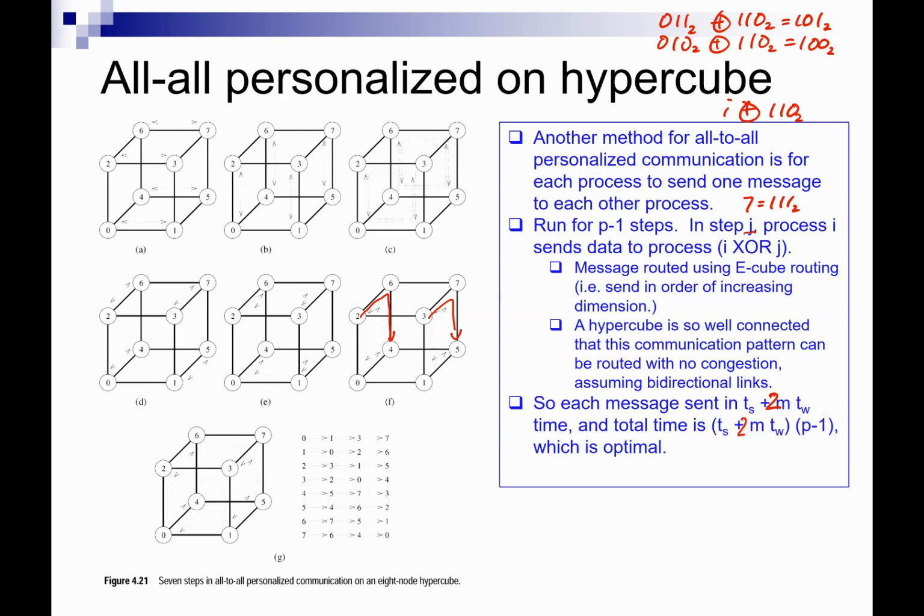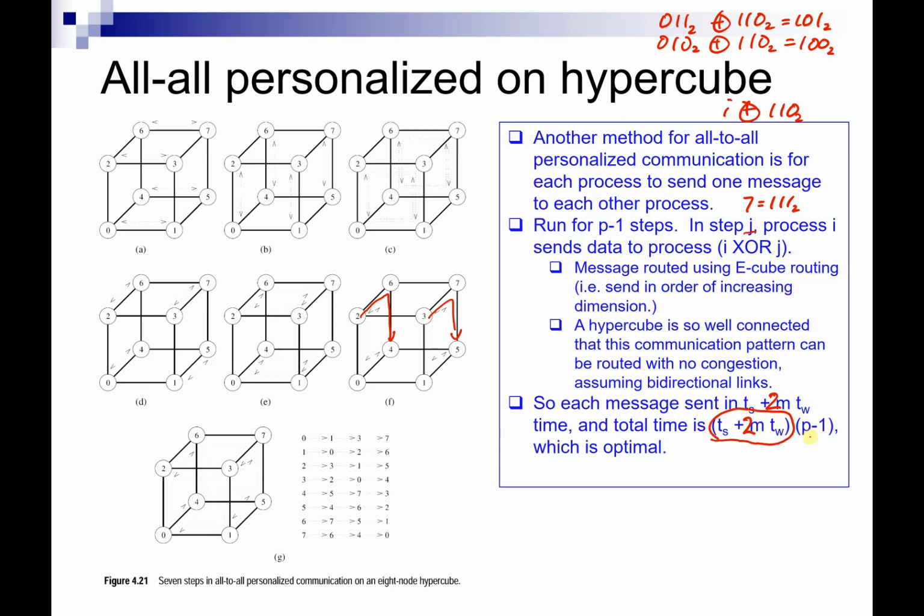So the congestion on each edge is 2. Each time step involves p sends, and we can do all p sends concurrently, and the total amount of time to do all p sends is just this expression over here.